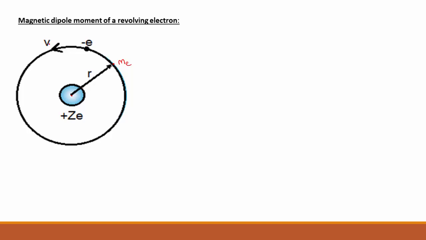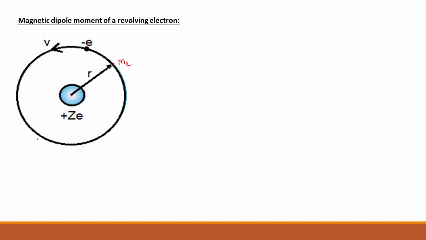The electron performs uniform circular motion, and while revolving it provides the necessary centripetal force. Between these two point charges there is a Coulomb's electrostatic force of attraction between the electron and the nucleus.